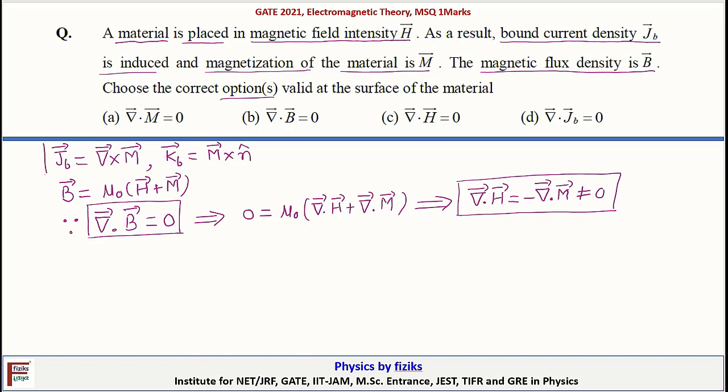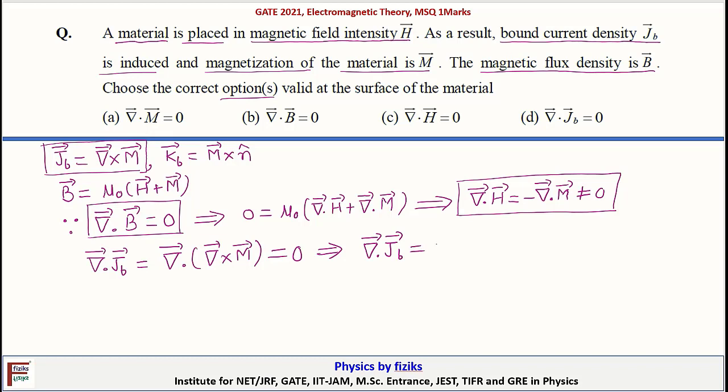Now it is given that this JB is del cross M. So let's calculate divergence of JB. So divergence of JB is divergence of a curl of M. And divergence of a curl is always 0. So it means divergence of JB is 0.